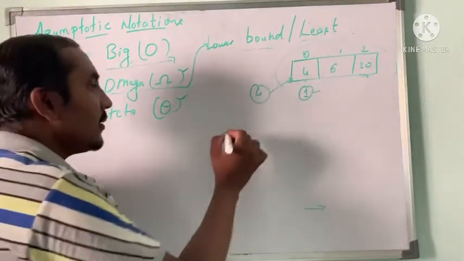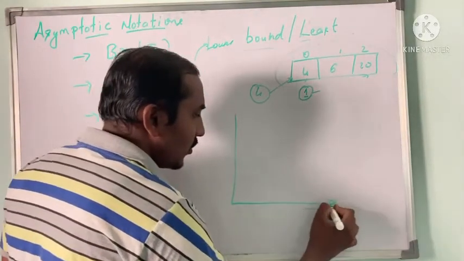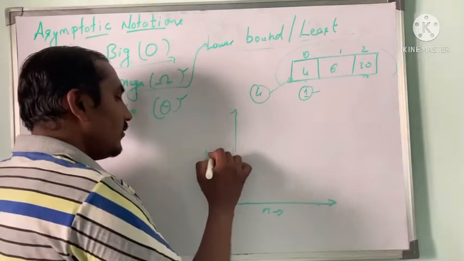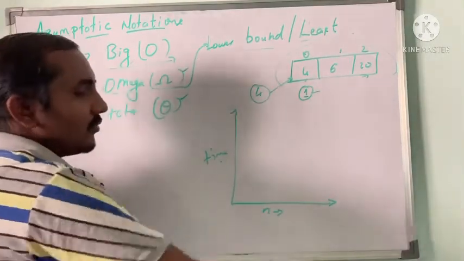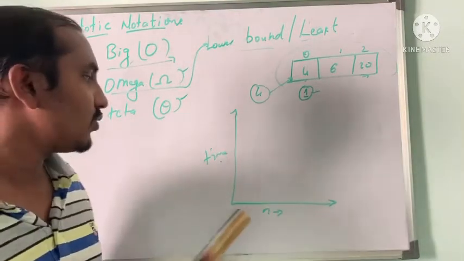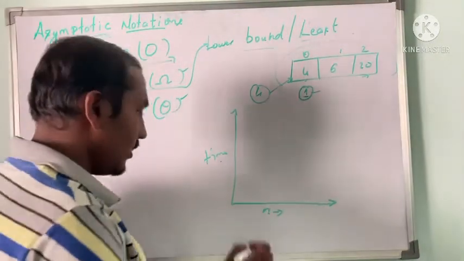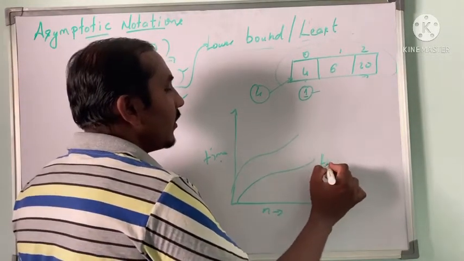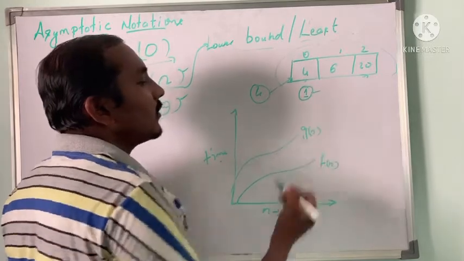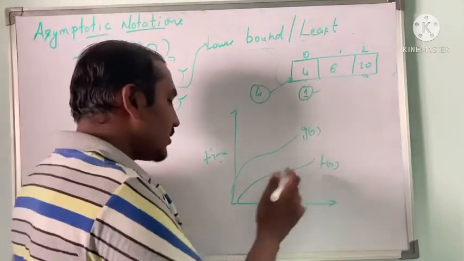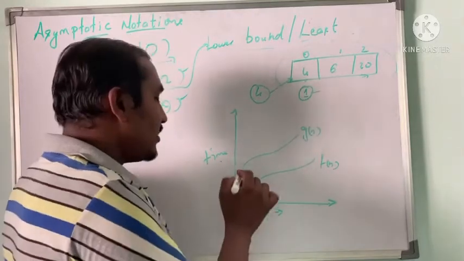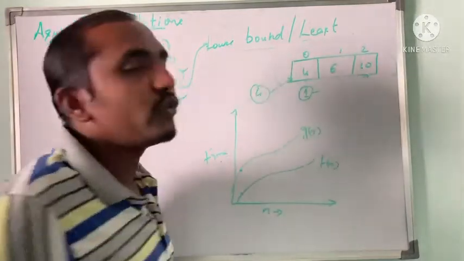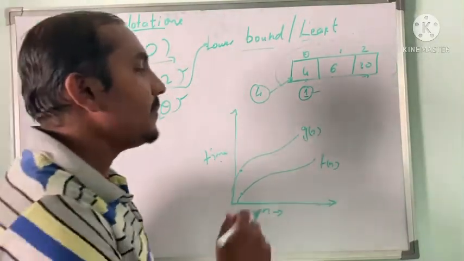This will again be represented using the same graph, where n represents the number of elements and the other axis represents time. So through the x-axis I will use the number of elements, and on the y-axis we will use time. Here again we have two graphs, f of n and g of n, where f of n represents the least possible time and g of n represents the time that may increase, or the maximum amount of time it may take.